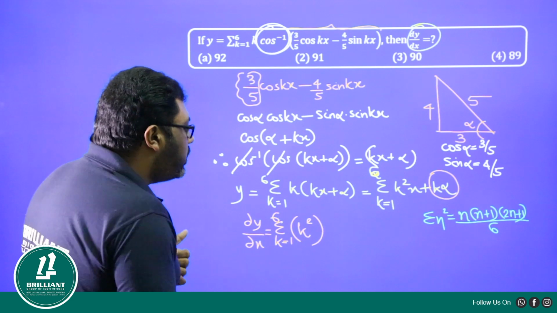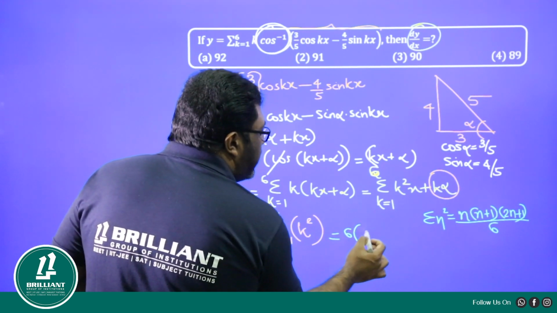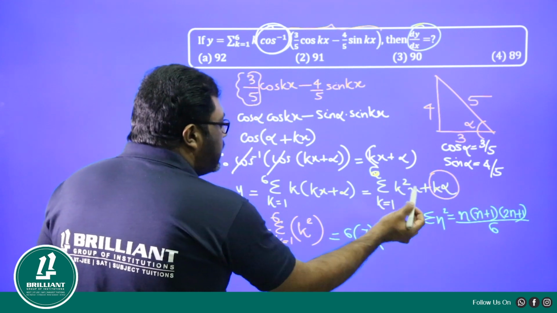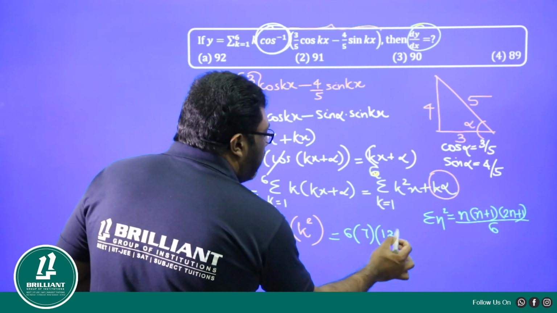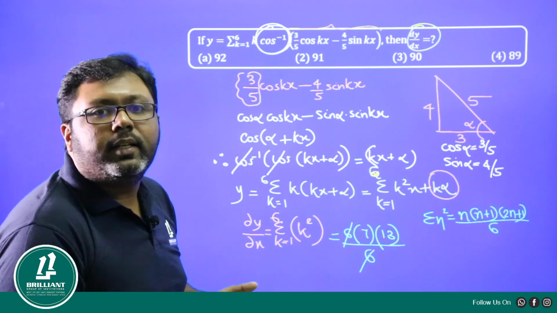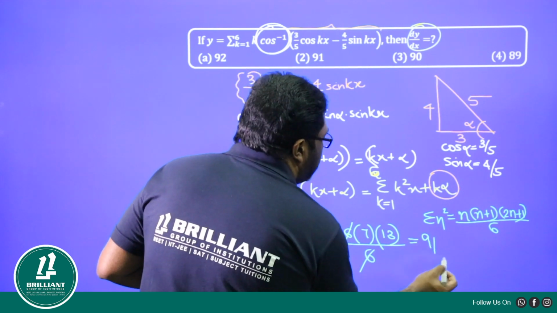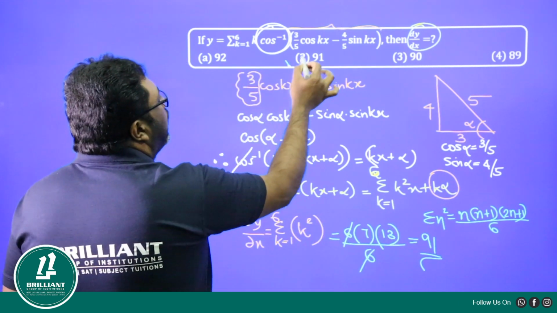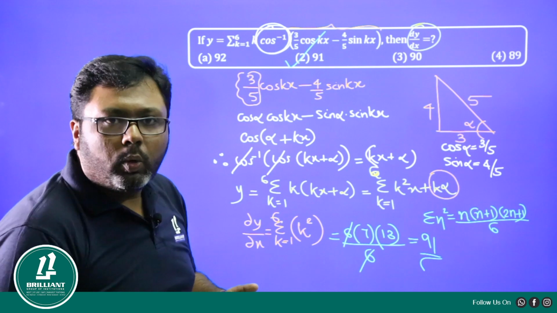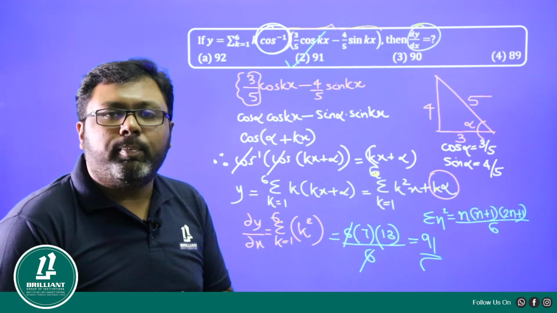There are 6 terms over here. So this can be represented as 6 into 6 plus 1, 7, into 6 into 2, 12, 13 divided by 6. 6 and 6 will cancel. So the answer is 7 into 13, which is 91. Option 2. So this is the answer for question number 15.